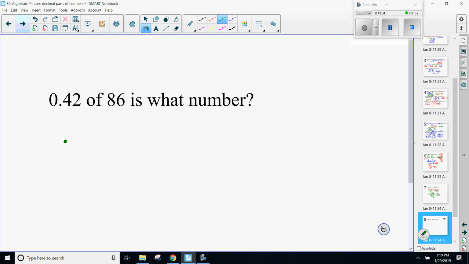All right, the last type you could have. You have 42 hundredths of 86. The word of means multiply. Is means equal to what number? So to solve, what do you do?